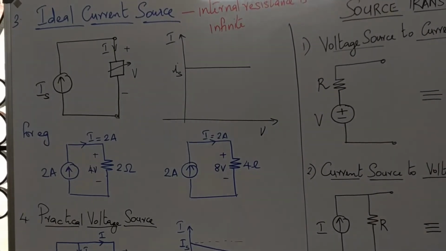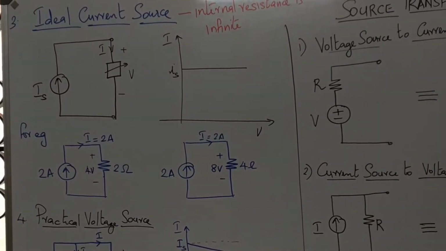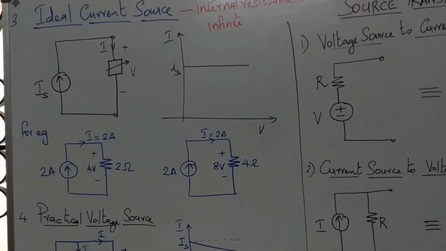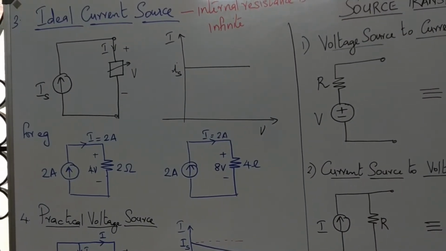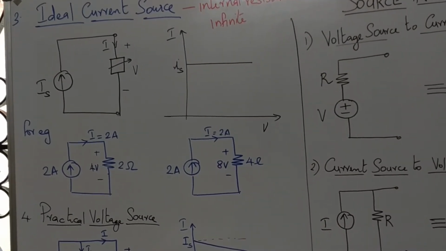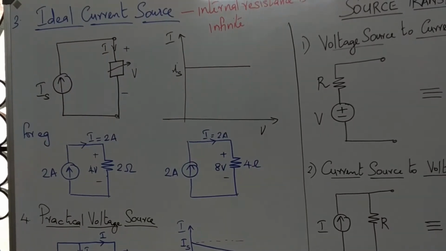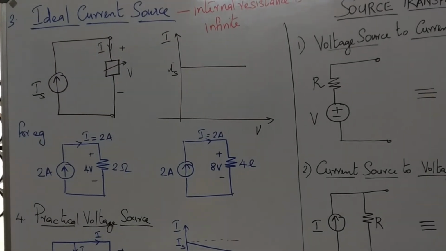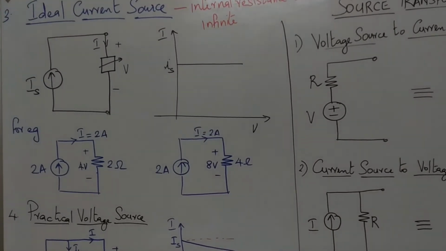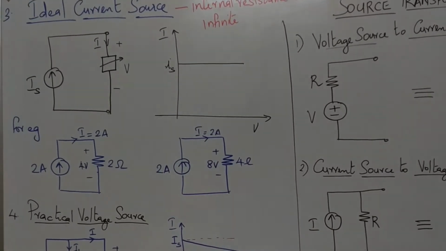Now the internal resistance of an ideal current source is infinite. That means there is an internal resistance in parallel to the current source and its value is infinite, which means there won't be any current flowing through that infinite resistance. Instead, the complete current provided by the current source will flow through the load.